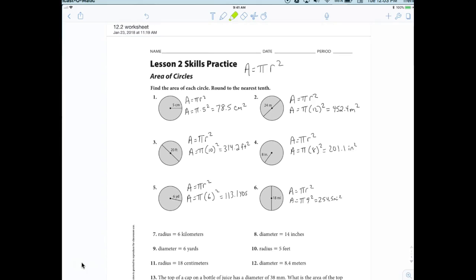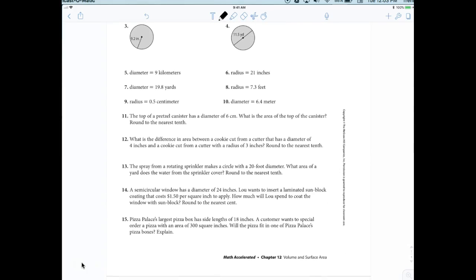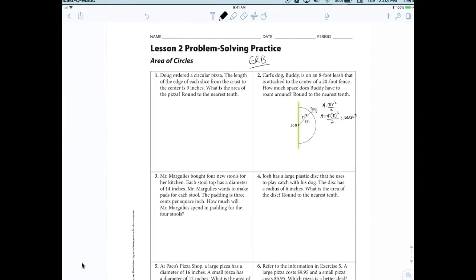I want everybody to go back and finish the first worksheet, and then all you have to do are the word problems, 11 through 15, and the ERB questions 1 and 3.